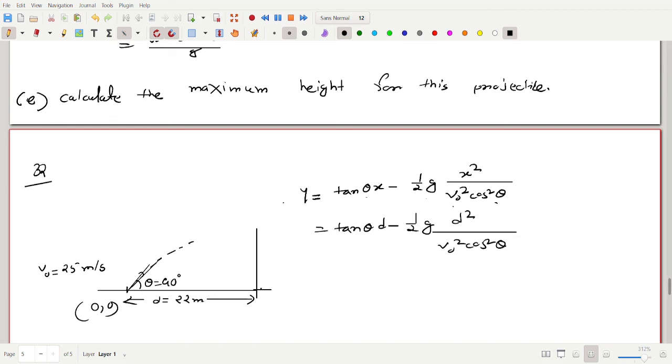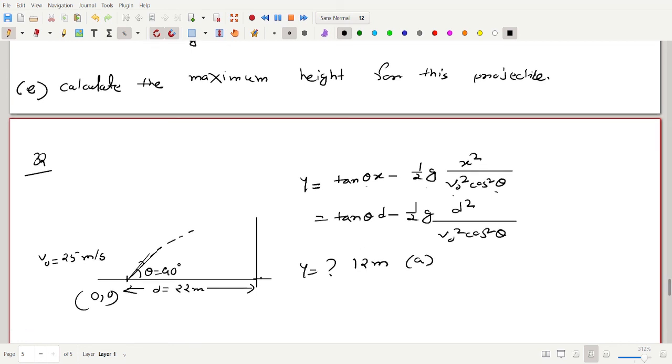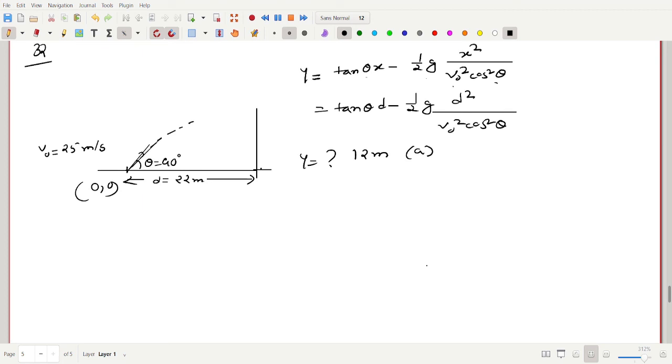You will get the value for y, and you can check the answer should be 12 meter, or approximately 12.